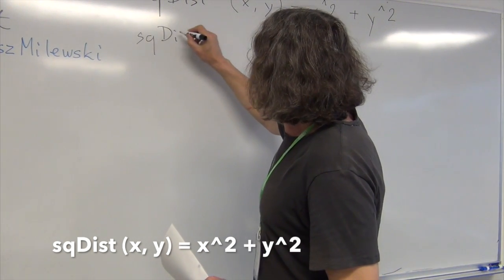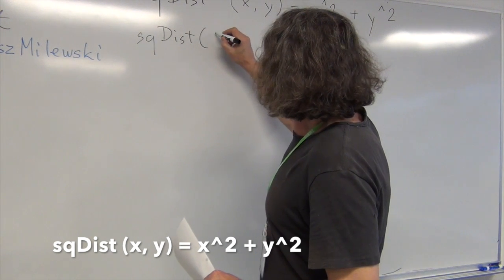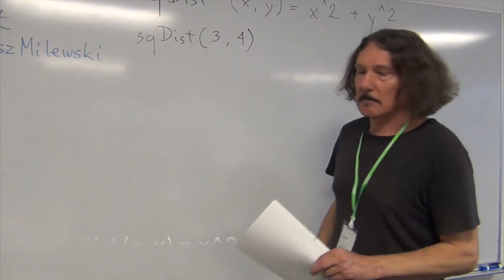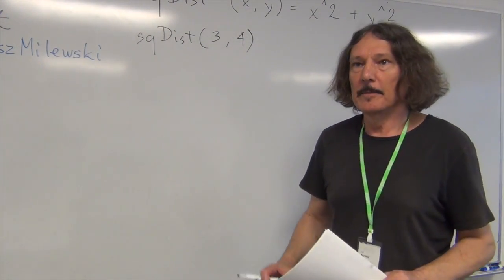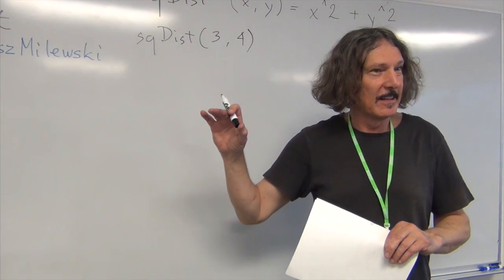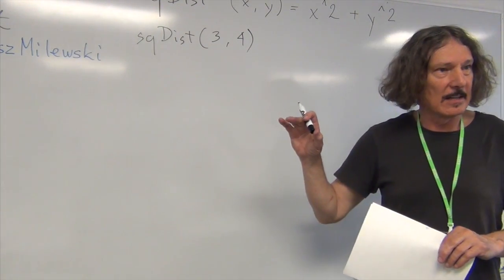sqdist of, let's say, 3, 4. Now, this looks really familiar, right? But it actually means something else in Haskell.